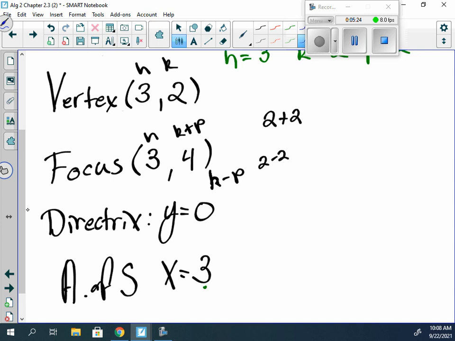Up and down, right? Because that's y equals. So, if the focus is going to be inside the parabola, we're taking from the vertex and either moving it up or moving it down, right? So what's that affecting? The y, yes? Because if it's opening left or right, we're going to have to move it to the left or right for it to stay inside the parabola, so it's affecting the x.